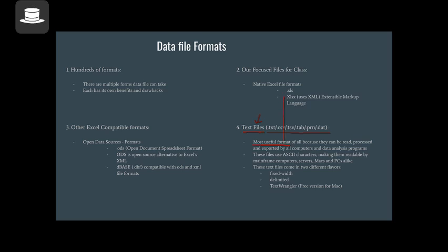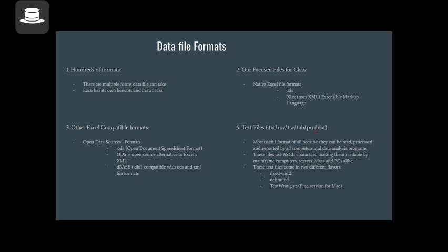These text files are unique because they use a specific standard of storing characters. It's called ASCII. Again, I'm not going to go into this. You can read about it in the book. This kind of standardization makes this particular file very readable on all kinds of operating systems or computers.